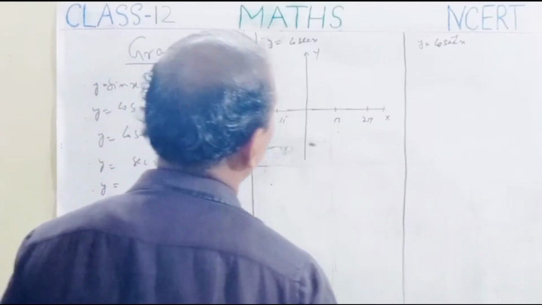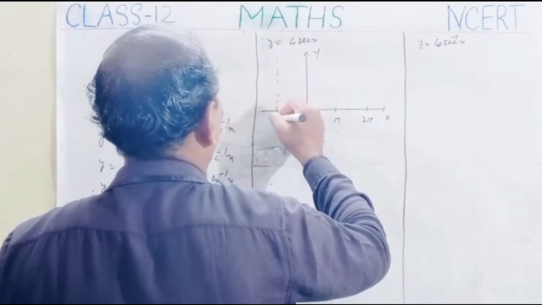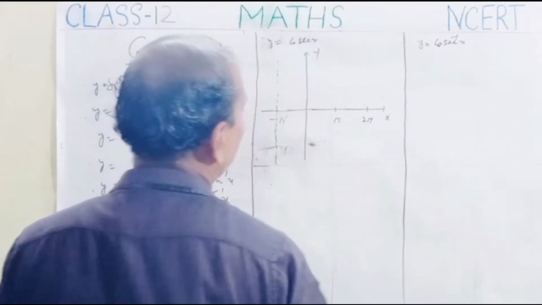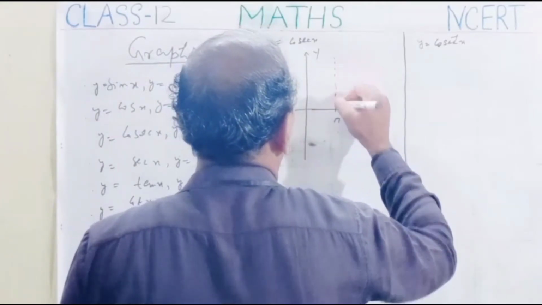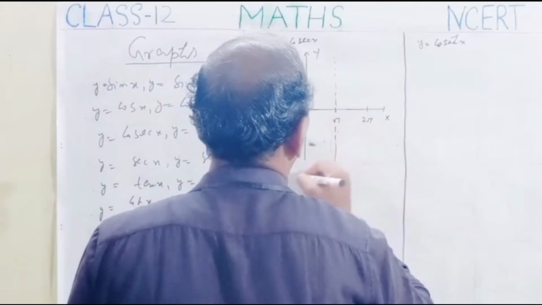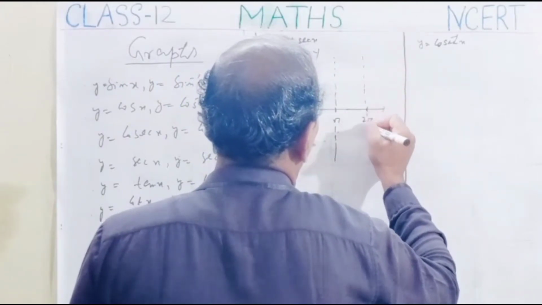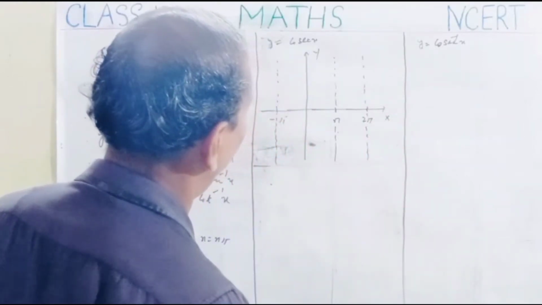Okay. So since it is not defined at n pi, at minus pi this will be not defined. Then at pi also not defined. Then at 2 pi the function is also not defined.